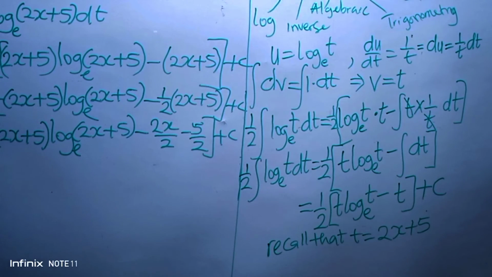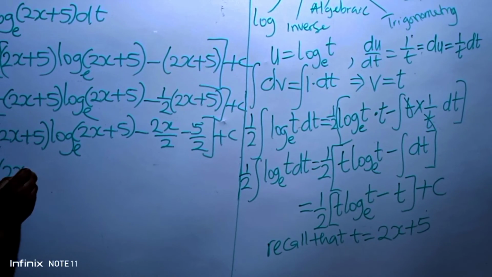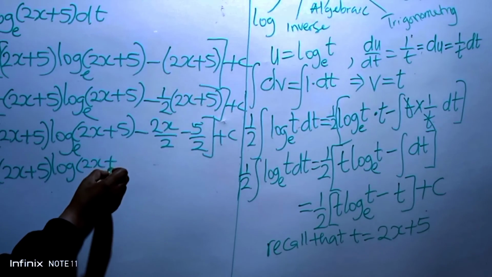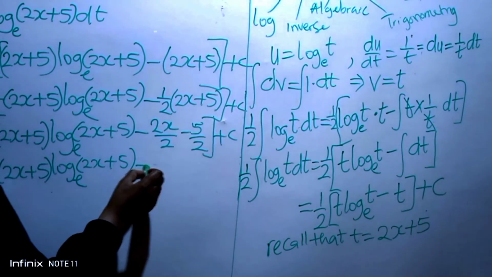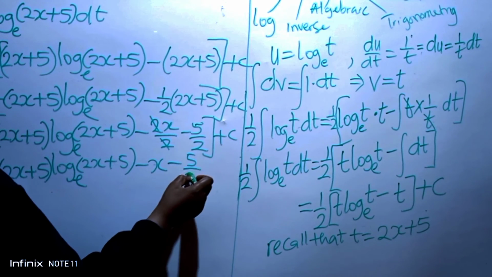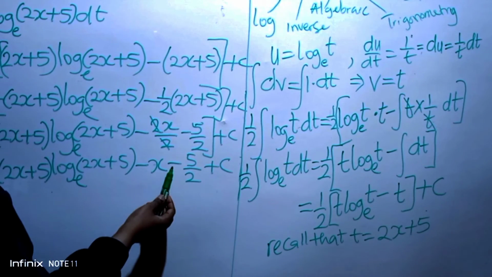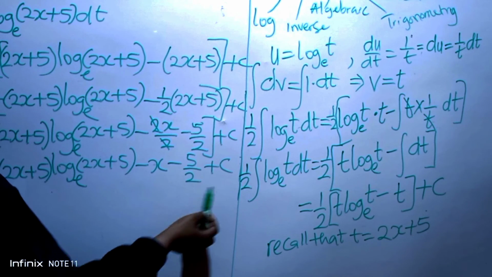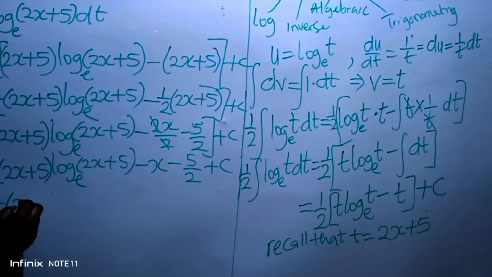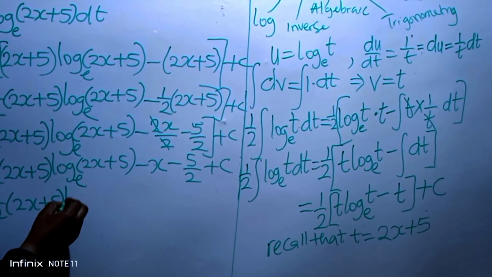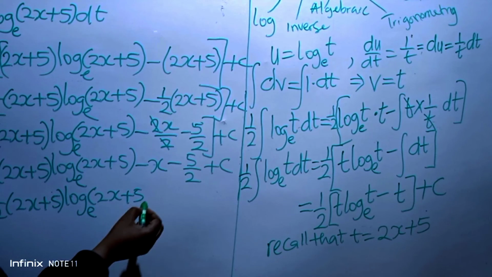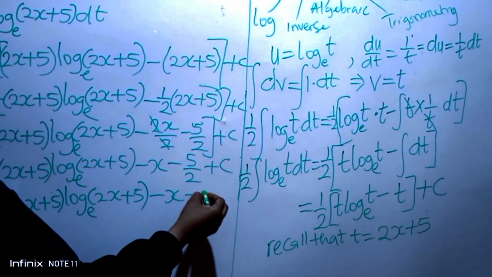The 2 cancels 2, giving minus x, then minus 5 over 2 plus c. The minus 5 over 2 is also a constant, so we write the constants together, and we have 1 over 2 (2x + 5) log(2x + 5) base e, then minus x, then plus c.